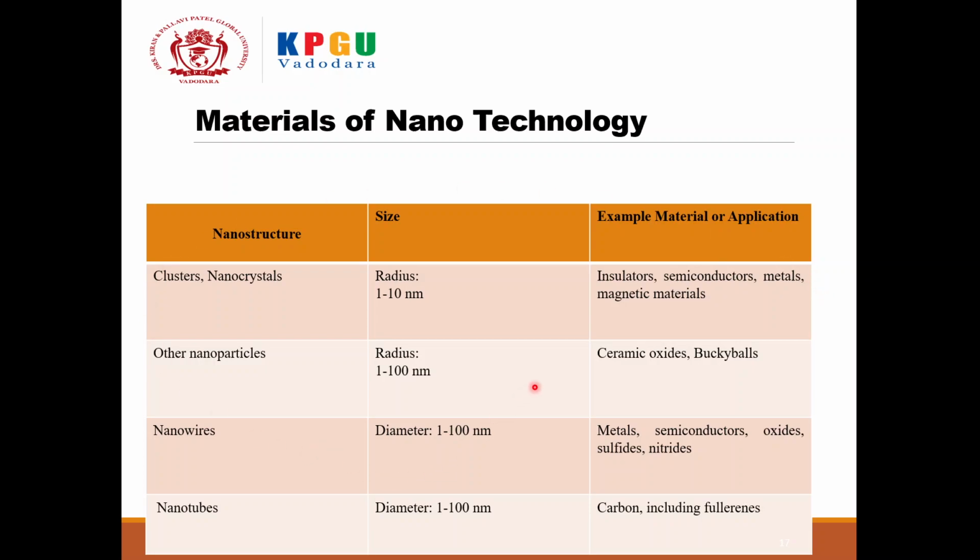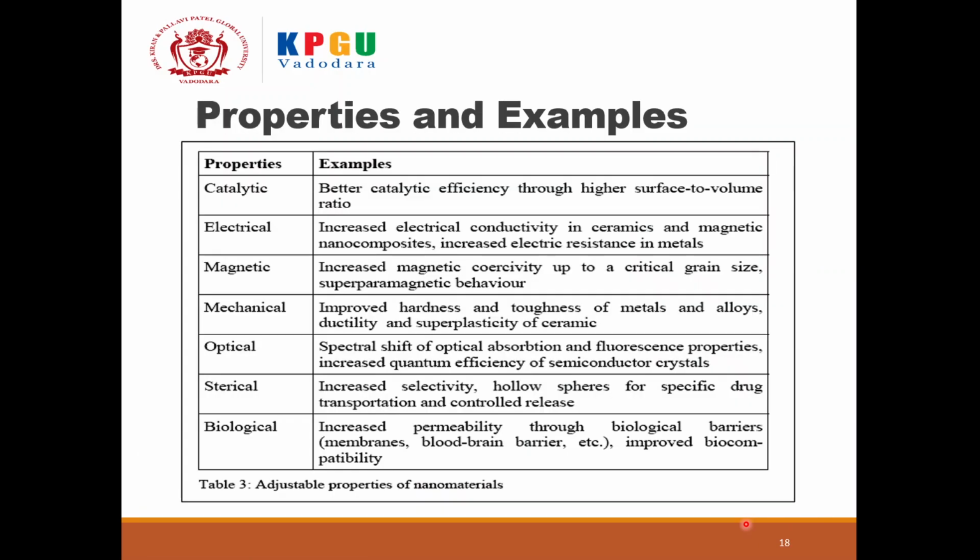Other nanoparticles: ceramic oxides, buckyballs, nanowires, metals, semiconductors, oxide, sulfide, nitride, nanotube, carbon including fullerenes, etc. So actually nanomaterials have some adjustable properties.